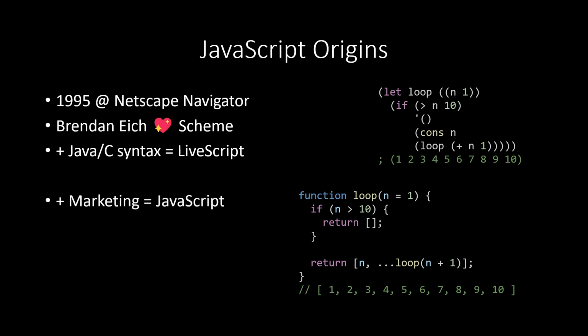And the last point in our history lesson about JavaScript is later on, after many different run-ins with Microsoft about the actual standard of what the JavaScript language should do, they did submit it to ECMA, which is some standardization body.